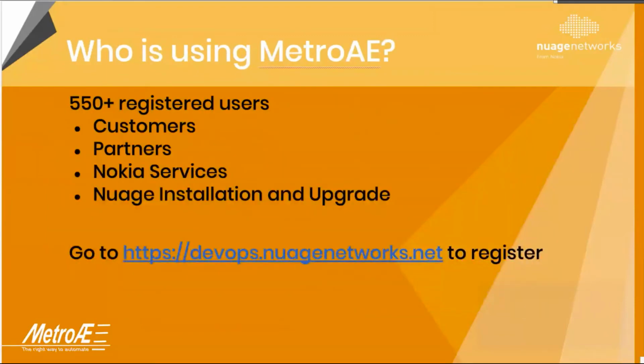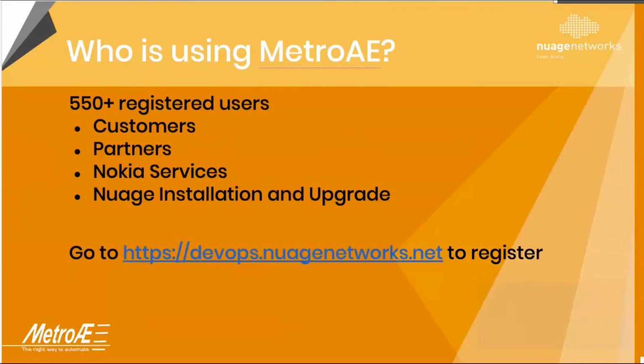In terms of the folks who are using MetroAE, we have more than 550 registered users. It's probably close to 575 this morning. And among those registered users, we find customers who are using MetroAE. We find partners. We find folks on the services team, and just anybody who's involved in installation and upgrade of the Nuage components.